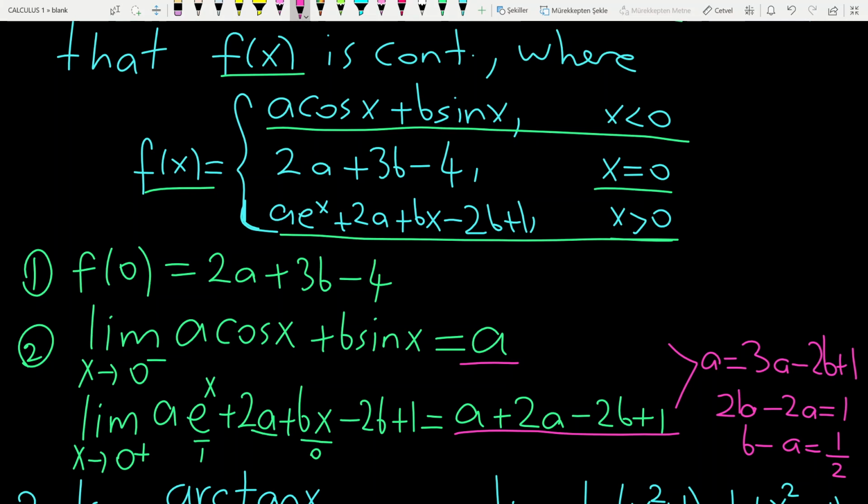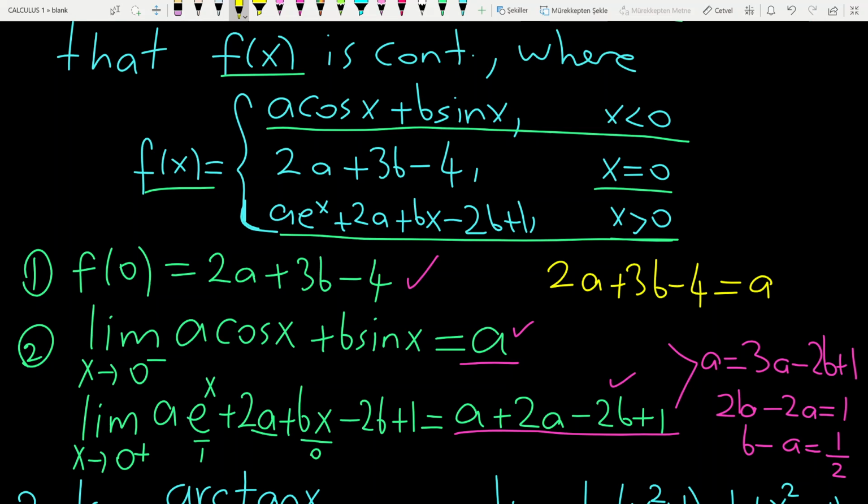And since f of 0 is 2a plus 3b minus 4, this value must be equal to the limit value, this or this, doesn't matter. Let me change the color. 2a plus 3b minus 4 is equal to a.